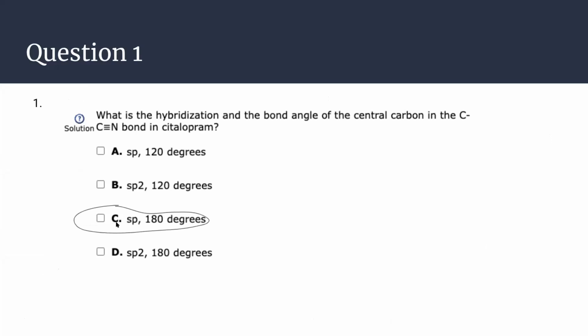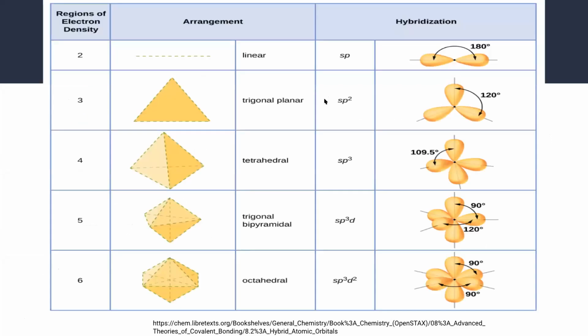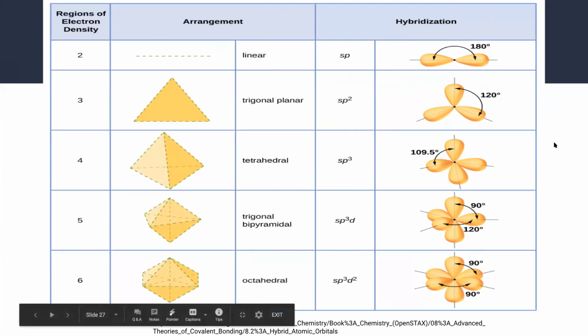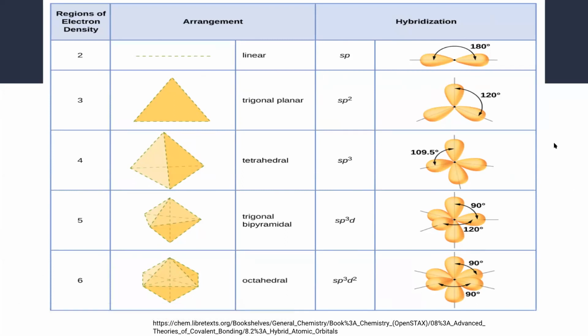So that would be sp. And for anything that is linear, that is 180 degrees. Does that make sense? So this is kind of a summary of what you guys should definitely know for the MCAT, the different types of arrangements and their angles, and how to tell from that.